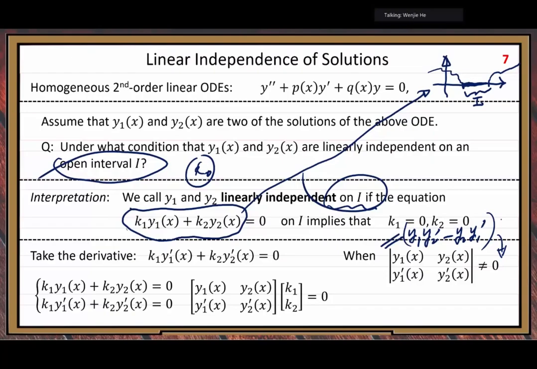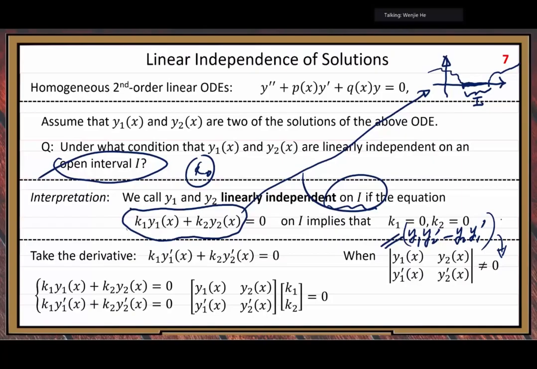K1 = 0, K2 = 0 is a solution, right? If one of the two K's is non-zero, then the left-hand side can never be 0.